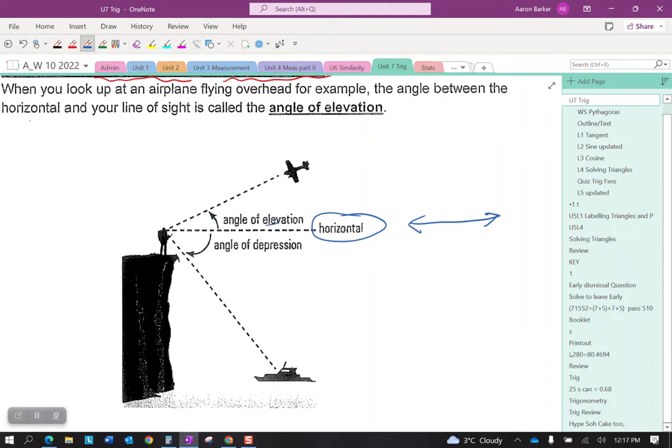And this is the angle of elevation because you're looking up from the horizon. And this angle down below, from your line of sight, you're looking down. Again, to the ship, this line is dashed because it's your line of sight. It's imaginary.